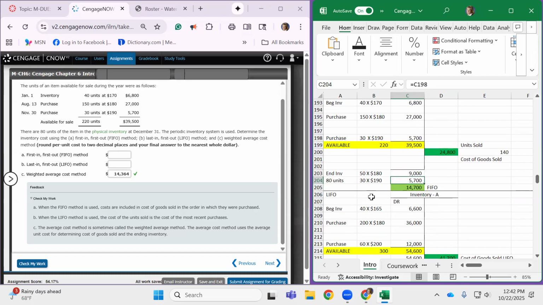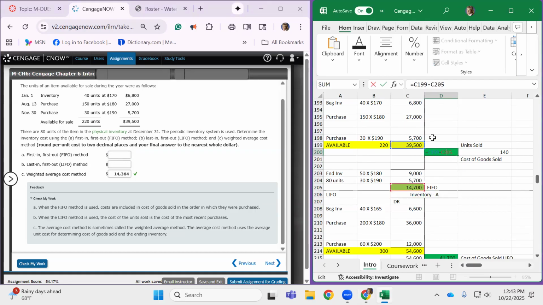So let me see what I've got going on here. Those two together should be 14,700. Let me just double check. One more time. If first in, first out, that means that all 40 of these are gone and 100 of these are gone out of here, right? Yep.